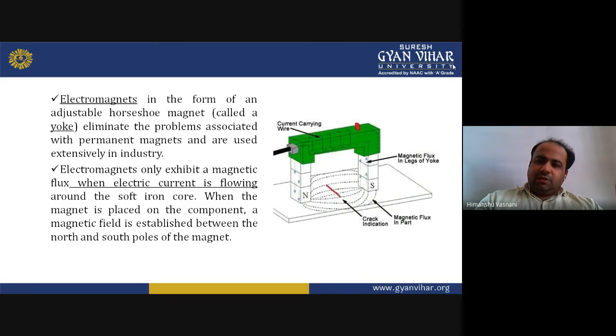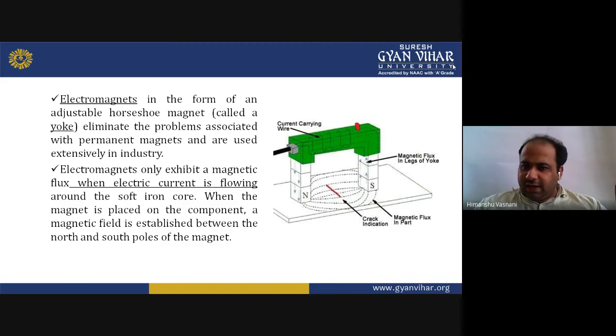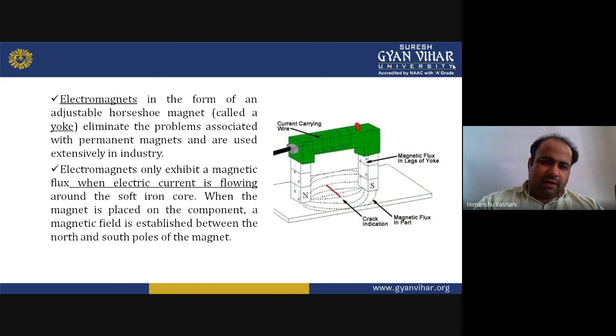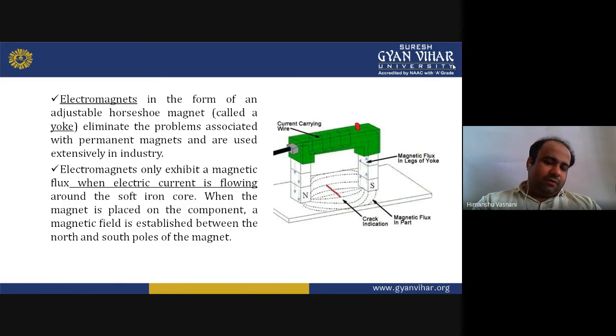Now, when you can see the magnetic flux in the legs of the yoke, you can see that there is a crack indication shown with the red color on the bottom side of the workpiece. So the magnetic flux is also there in the part, and due to this, the crack indication is there. They say that electromagnets only exhibit a magnetic flux when electric current is flowing around the soft iron core.